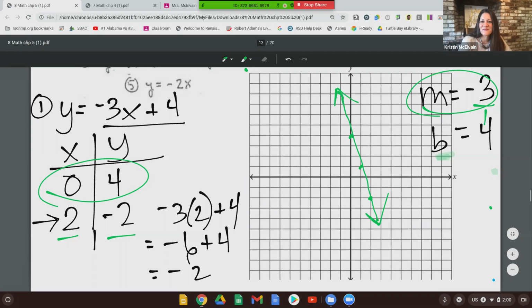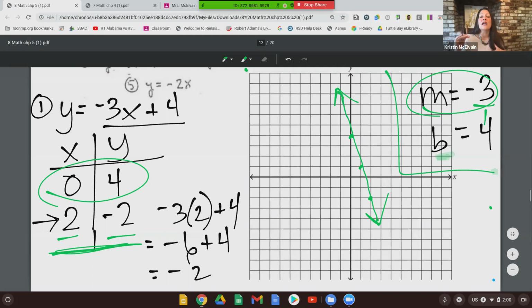Okay, so number 1, here's what I'm going to put up to you. On the homework, it says to do this XY chart. Excellent way. We also have practiced over and over doing slope and y-intercept.